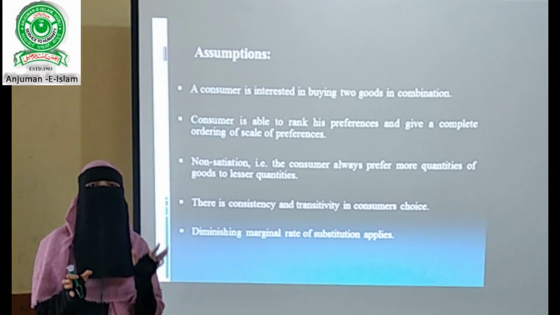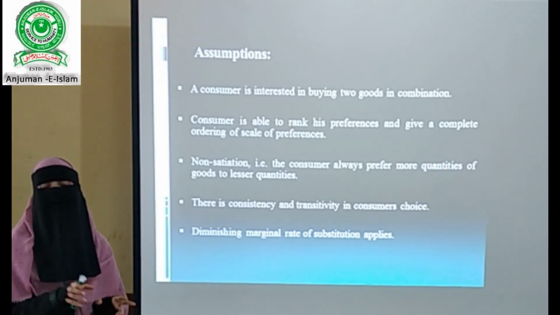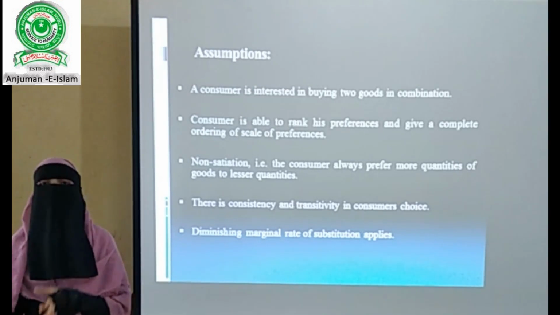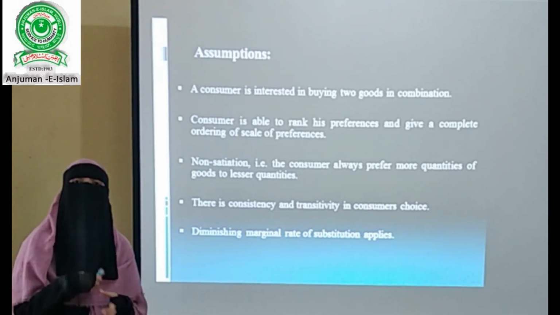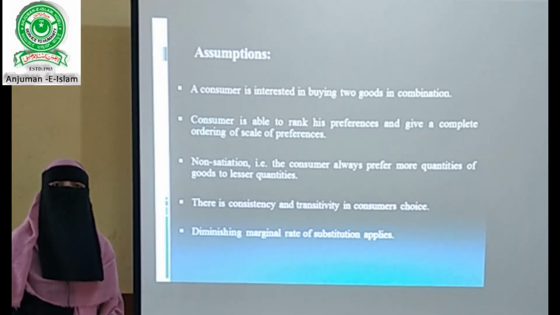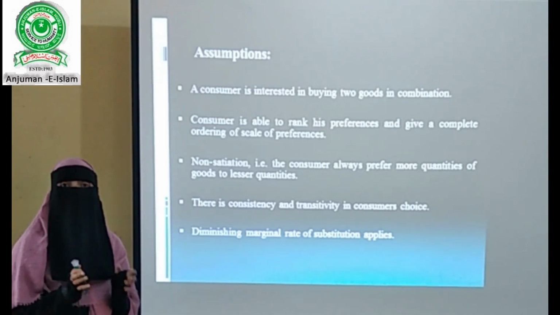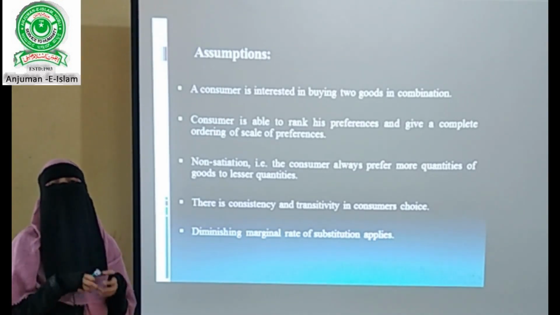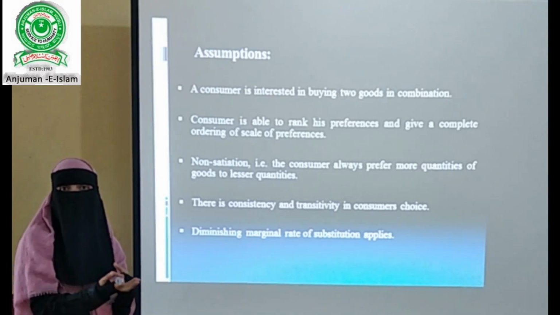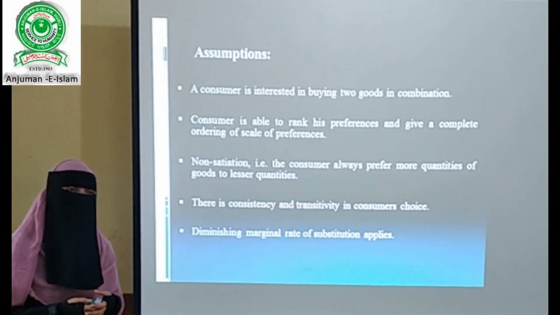In one basket there are 10 units of commodities and in the second basket there are 7 to 8 units. Which basket are we going to prefer in reality? We will prefer the basket which gives us 10 units of commodity because the quantity of commodities in the first basket is more. So that is the rationality of the consumer, which shows that 10 units of commodities is going to give us the highest level of satisfaction.